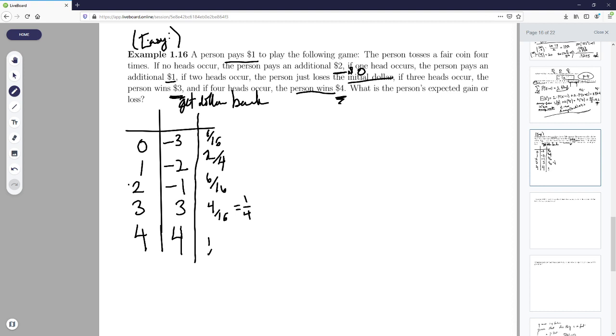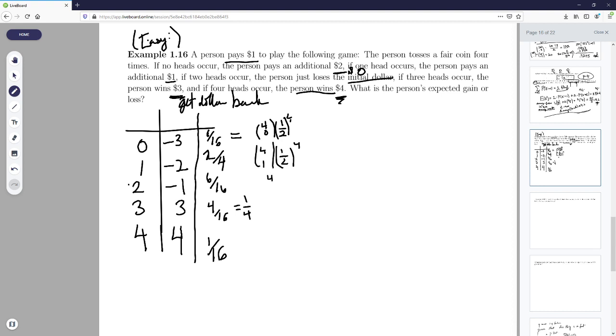And 1 out of 16. If you're curious about how to calculate those probabilities, these are the binomial distribution probabilities. So these are 4 choose 0 times 1/2 to the 4th. This is 4 choose 1, 1/2 to the 4th power.